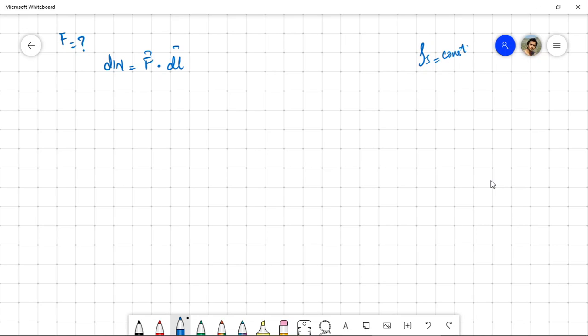So if we are allowing these two plates to move towards each other, that means that we are in fact allowing that force, that electric field that was in between these two conductors, to do some kind of mechanical work. So the expenditure of energy in order to move these two plates towards each other is due to that energy which is stored in between these plates.